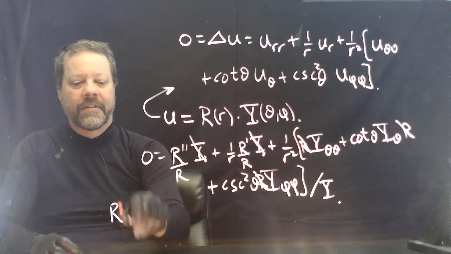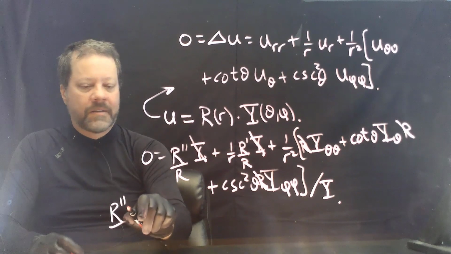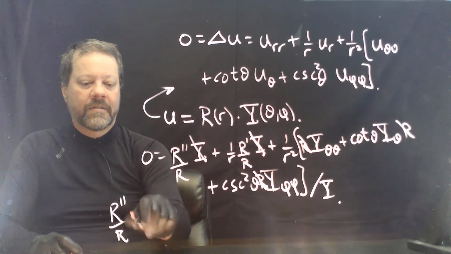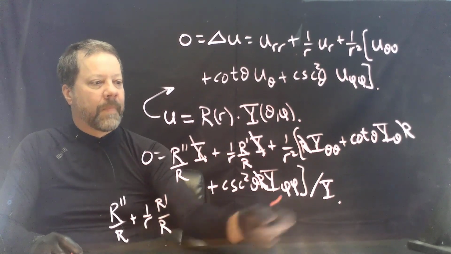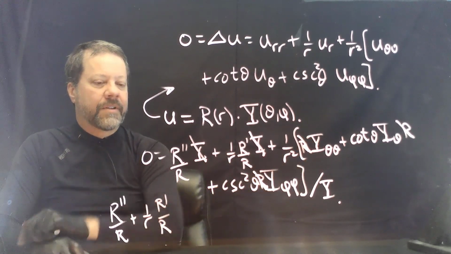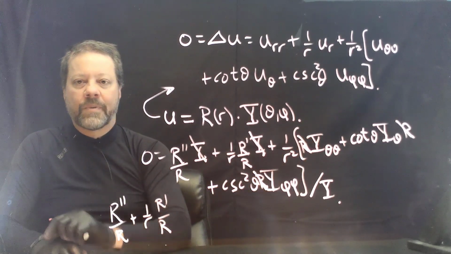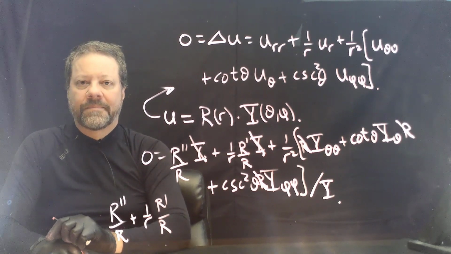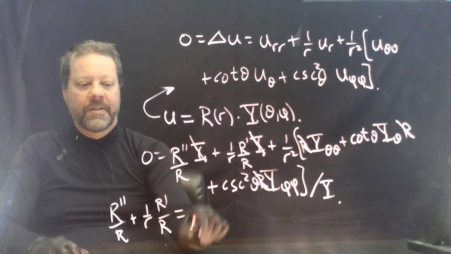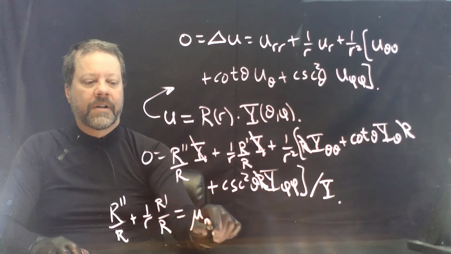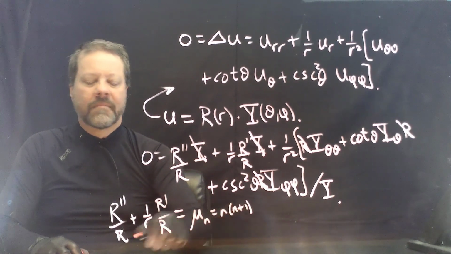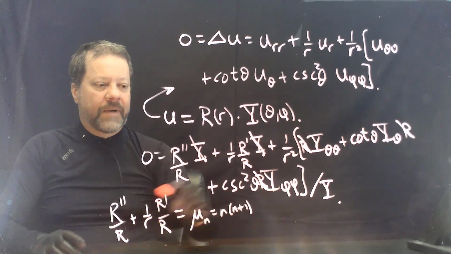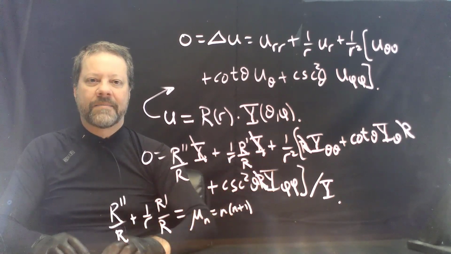We'll have R double prime over R, 1 over r R prime over R. With everything else moved over to the other side of the equation, this will have to be a constant. We'll call the constant mu as before. You'll recall that these are n times n plus 1. And so then we can write down the differential equation on the Y's.